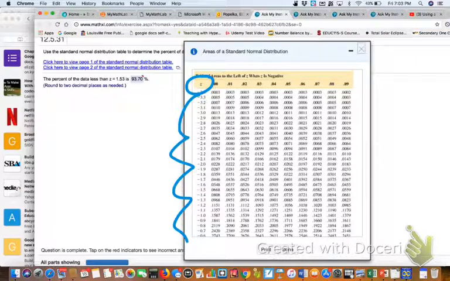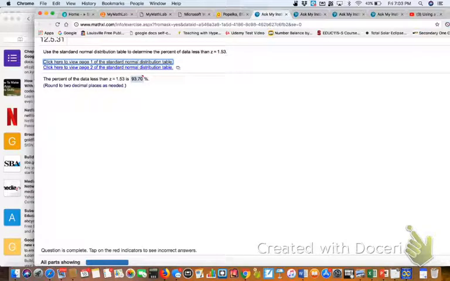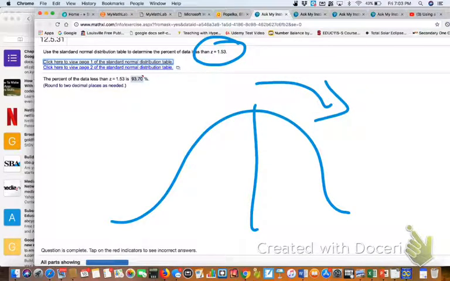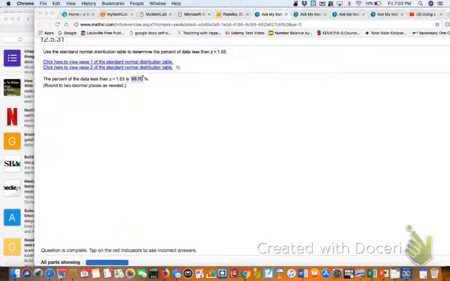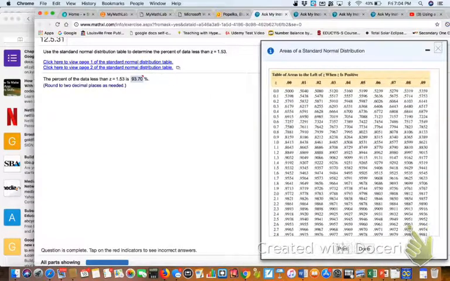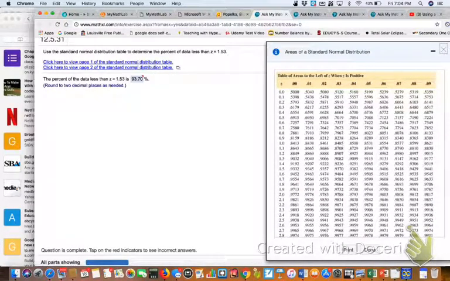So the person in this particular question with a positive 1.53 did better than average because their z-score is positive. That means we need to click on this table right here. Notice that all of the z-scores here are positive, which means these people did better than average. It asked us to figure out the percent for somebody that had a 1.53.